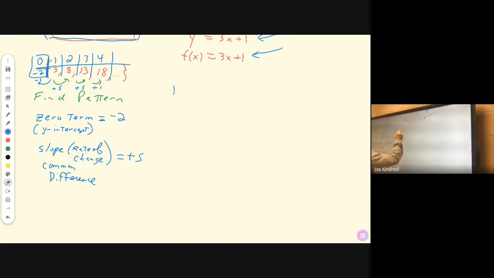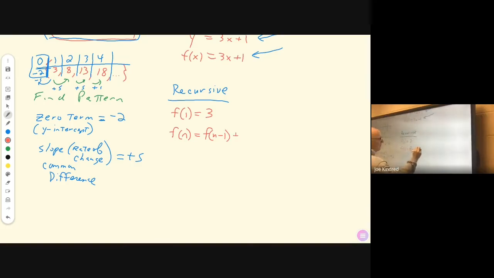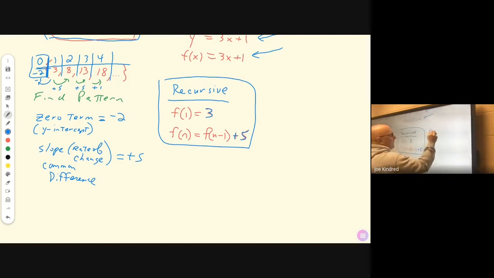So let's do the recursive first. It's the easiest. The recursive formula says take the first term, f of 1, and what is it? Well, it's 3. It then says take f of n, we'll use f of n, is equal to f of n minus 1, and the common difference of plus 5. So be understanding where I got this number and where I'm getting this number. That's the recursive formula.